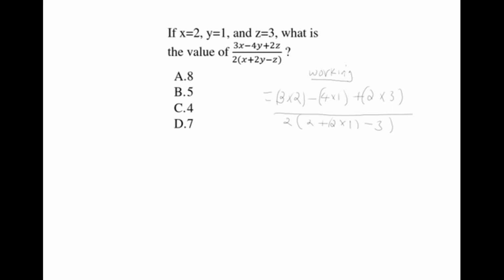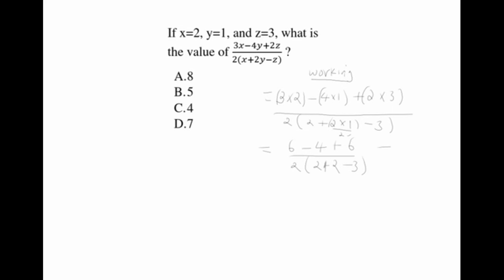So this gives us 3 times 2, 6, 6 minus 4 plus 6, over, in brackets, we have 2 times 2 is 4? Then we have 2 plus 2 is 4, 4 minus 3 is 1. So we will have 2 in brackets, we add 2, and we subtract 3.